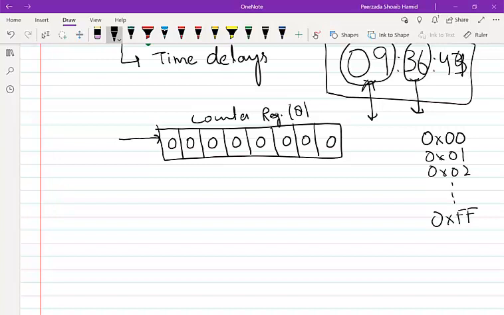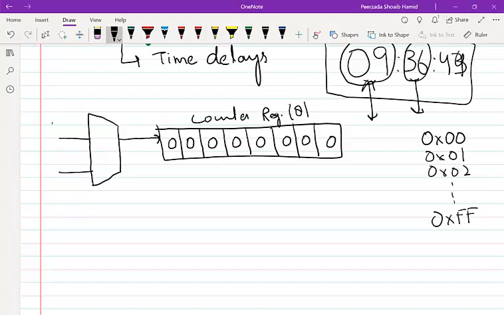If this input is controlled by the oscillator frequency, then we call it a timer. And if this input is controlled by an external event, then we call it a counter. For example, we might have a multiplexer here, a 2:1 multiplexer.